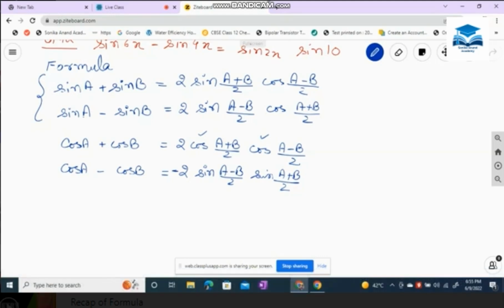Now here we have the question: sine square 6x minus sine square 4x. We have to solve this question.